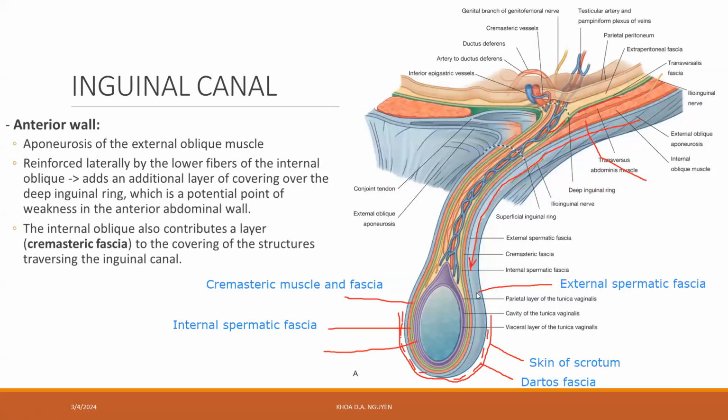And that pouch is what you see here in purple, okay? And you will know that that pouch is going to be called the tunica vaginalis, okay? And the tunica vaginalis is going to have two layers, a parietal layer of the tunica vaginalis outside, and a visceral layer of the tunica vaginalis that is right on top of the testis.